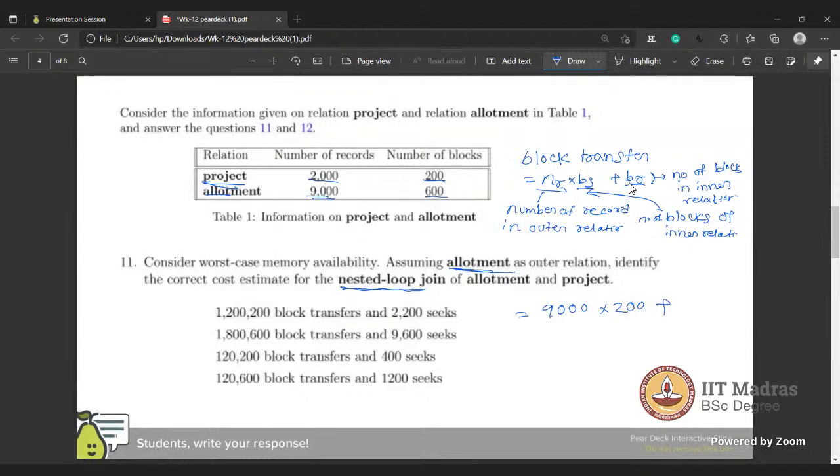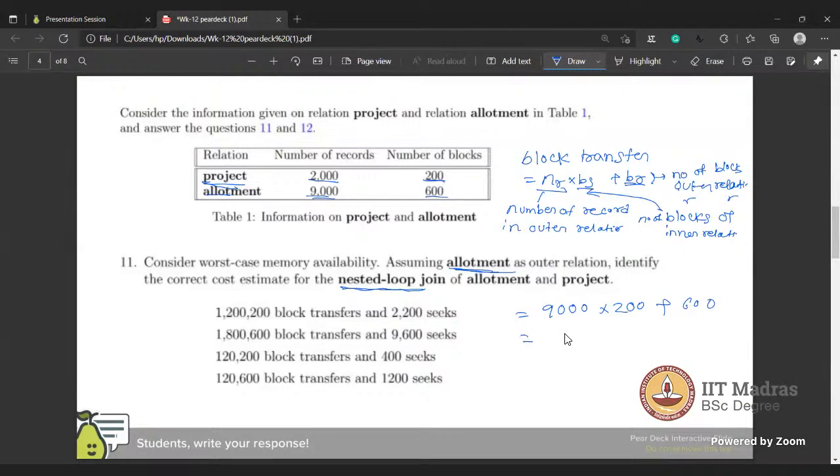Plus the number of blocks in the outer relation, 600.